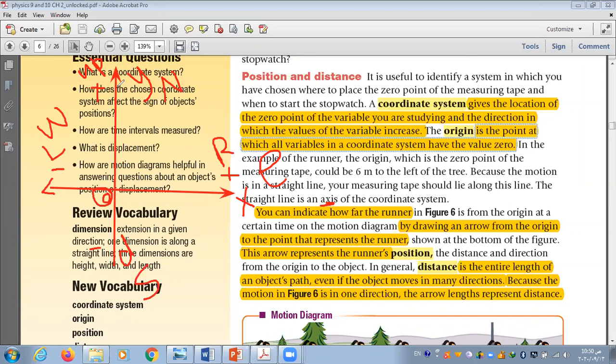You can indicate how far the runner in figure 6 is from the origin at a certain time on the motion diagram by drawing an arrow from the origin to the point that represents the runner.